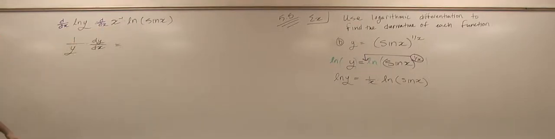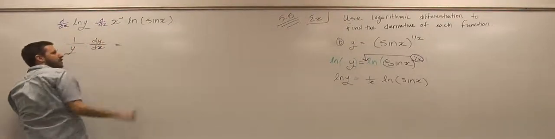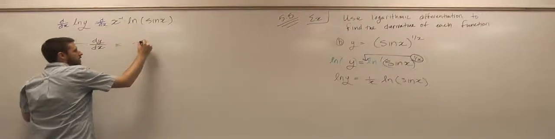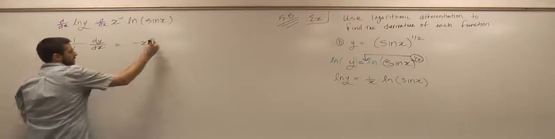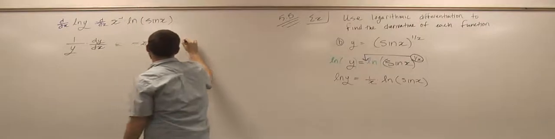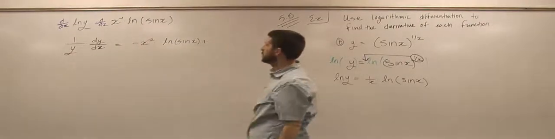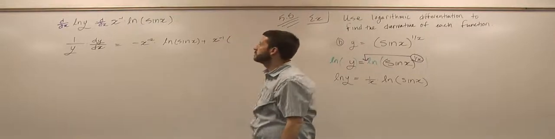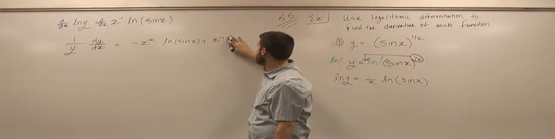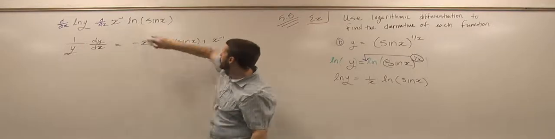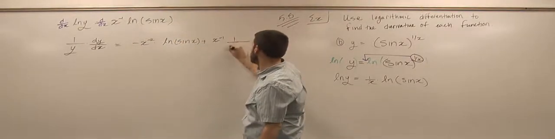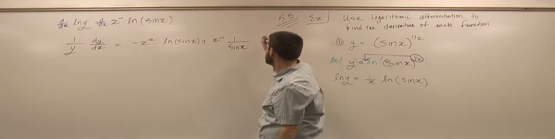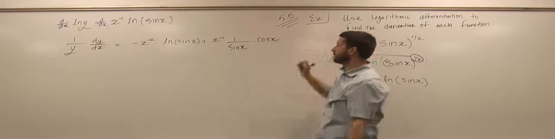Derivative of the right side, you have to do product rule. So start with the derivative of x to the negative 1, negative x to the negative 2, times ln sine x, plus x to the negative 1 times the derivative of natural log. 1 over whatever's inside times the derivative of the inside.